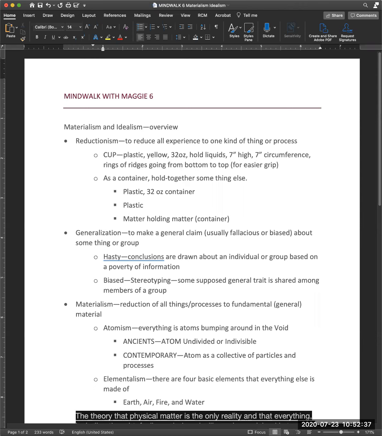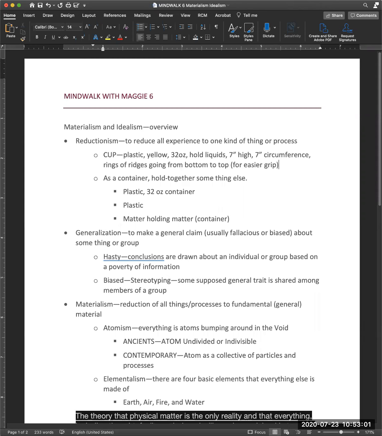Now, here's the thing. The cup, made of plastic, looks yellow, can hold 32 ounces of liquids. It's 7 inches high, has a 7 inch circumference, rings of ridges going from the bottom to the top to make for easier grip. Okay.